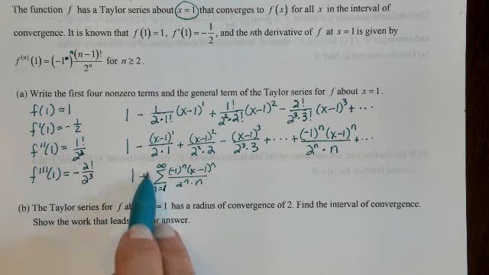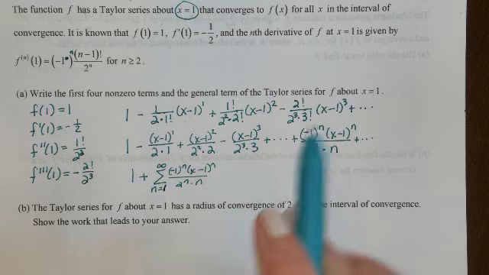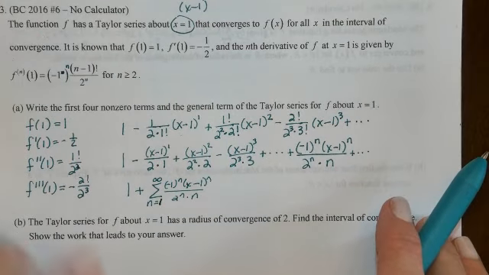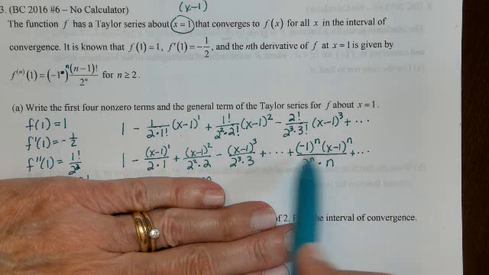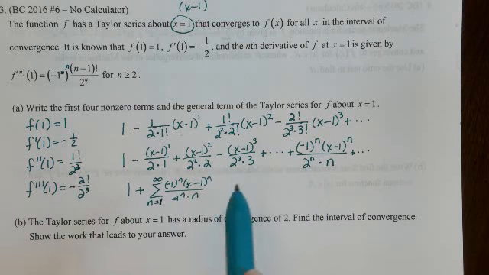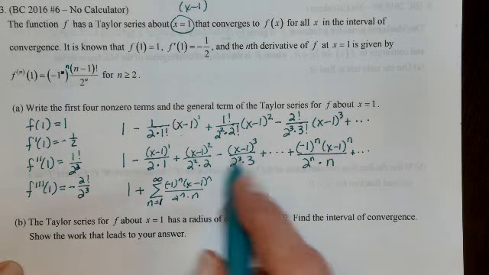That's fine. So I went and looked this up on their scoring guidelines, which you can always do. On their scoring guidelines, they didn't put this, they just wrote that and they stopped, and that was their answer. Okay? So you don't have to write this here. You can just stop right there.